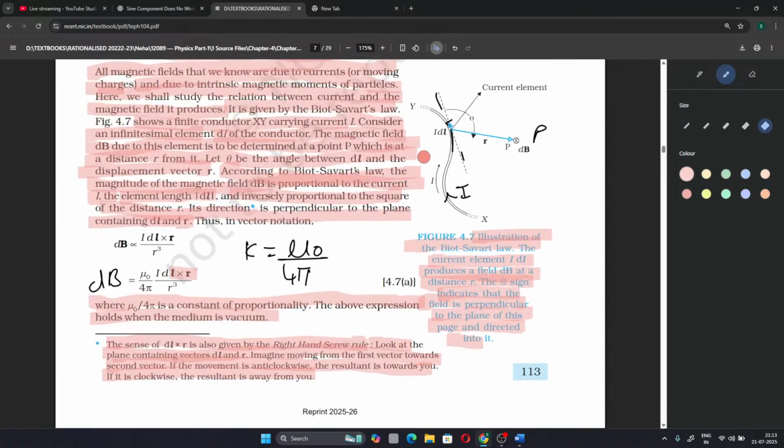They showed a dashed line, and in this direction theta equals 0. I dl cross r, L cross R.